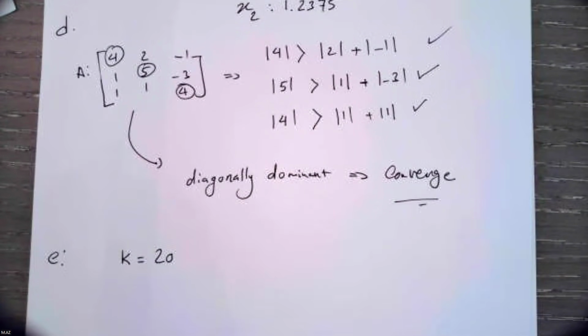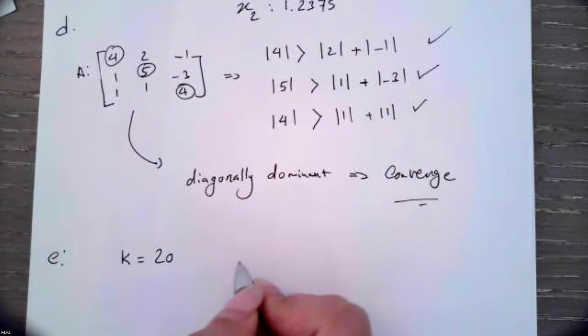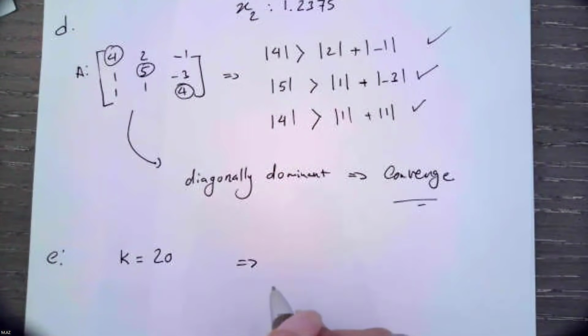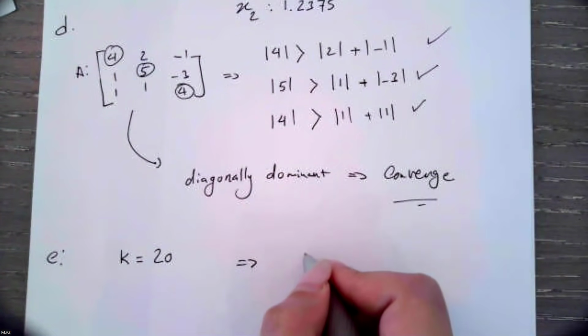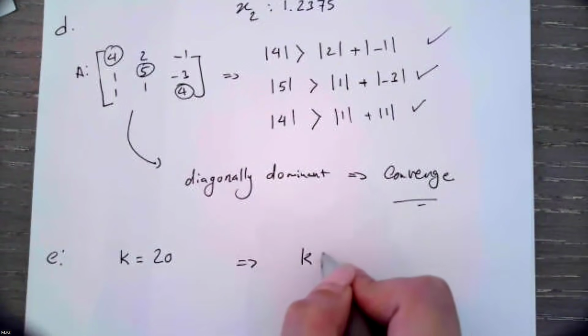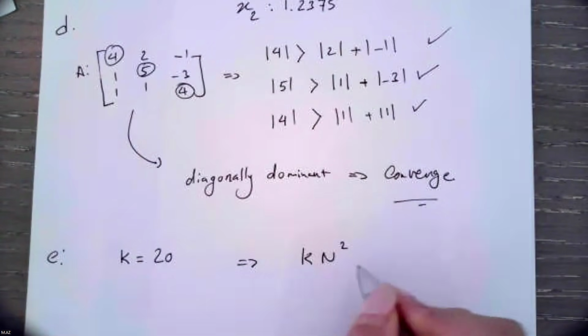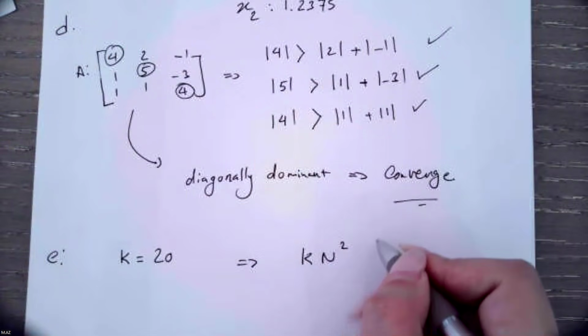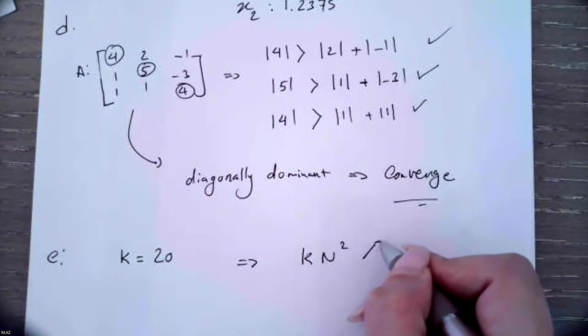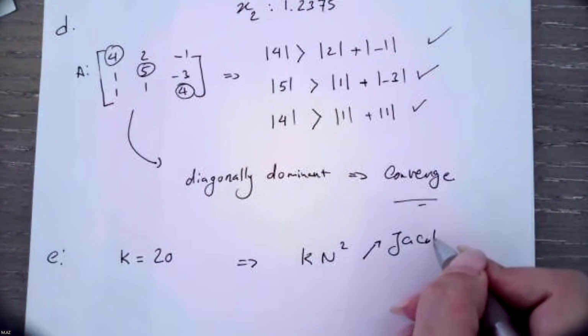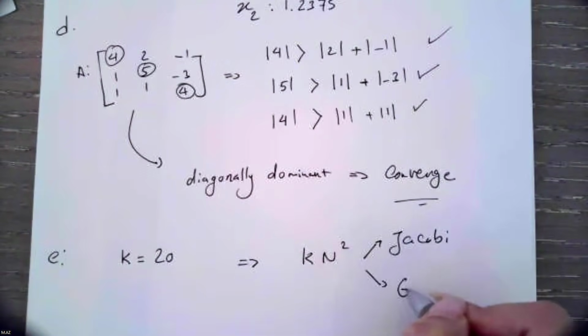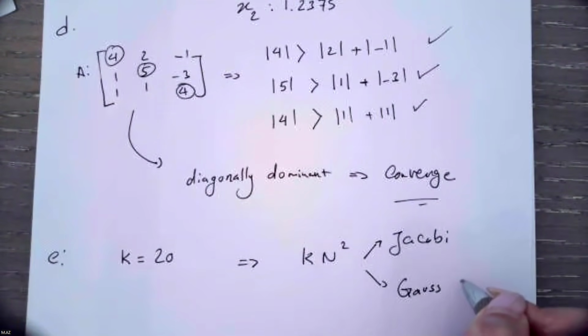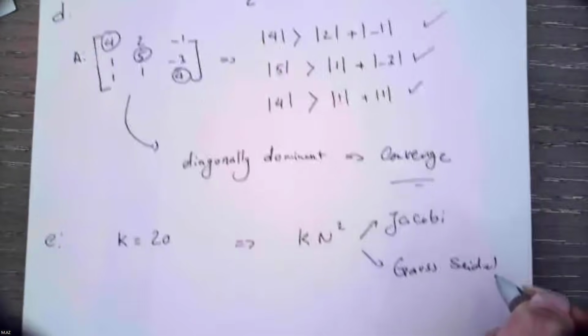Once we are using an iterative method, the total floating point operation count is found based on this equation, k n squared. This rule is true for the Jacobi and Gauss-Seidel methods.